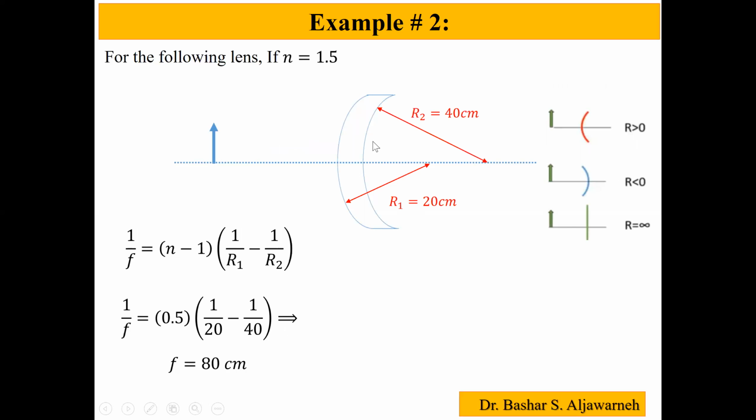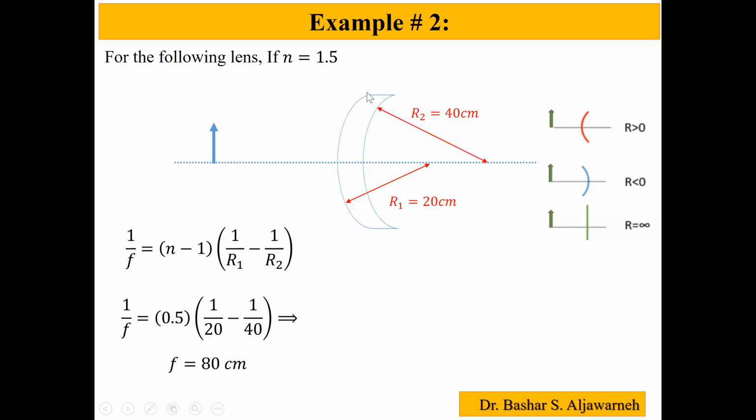Second example, I have two surfaces, as you can see here, and this is my object. So every time, determine the front and back of your lens. So this is my front, which has R1, and this is the back of the lens, which has R2.